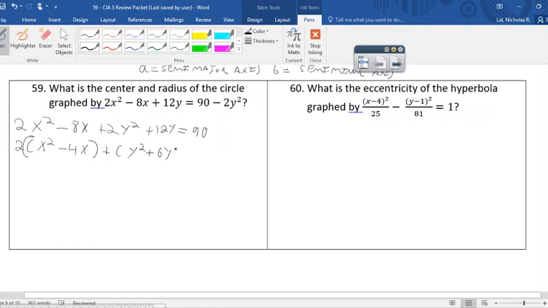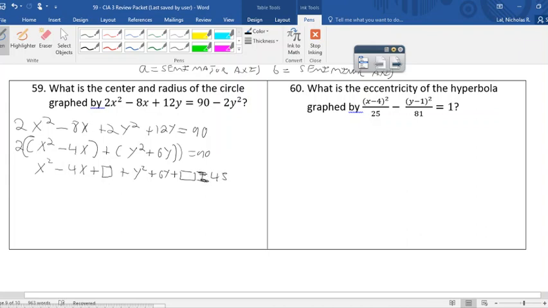So you just divide the whole thing by 2, that's perfectly good. 2 is equal to 90. Divide the whole thing by 2, so you have x squared minus 4x plus our complete the square term, plus y squared plus 6y plus our complete the square term, equals 45.